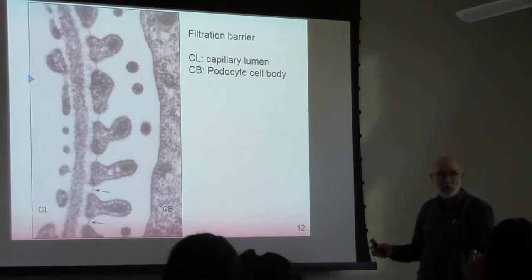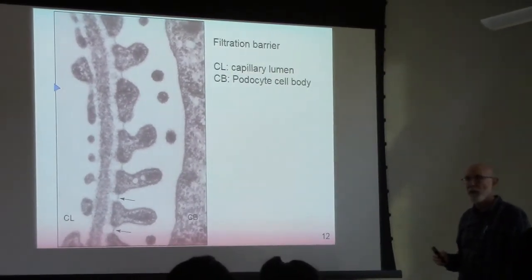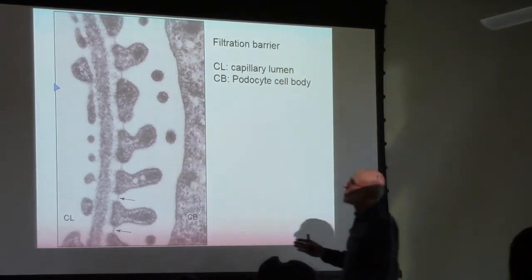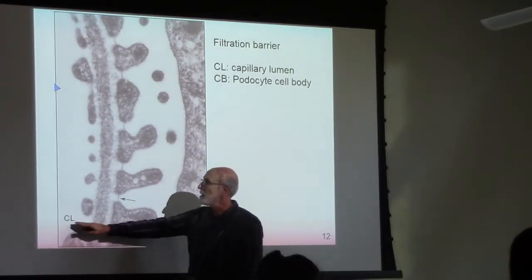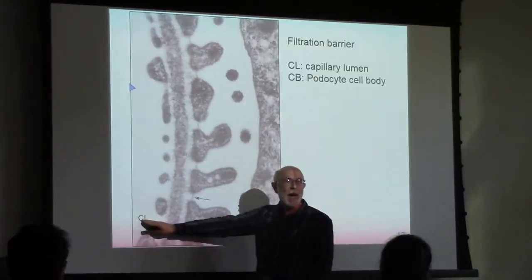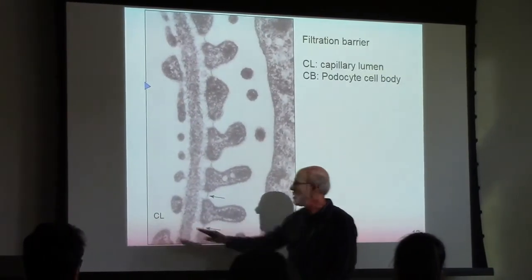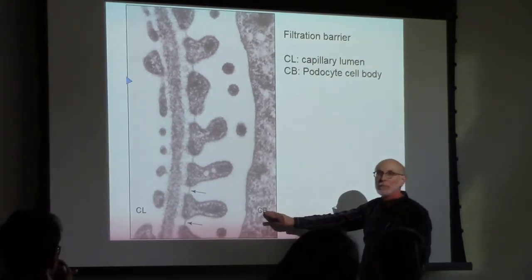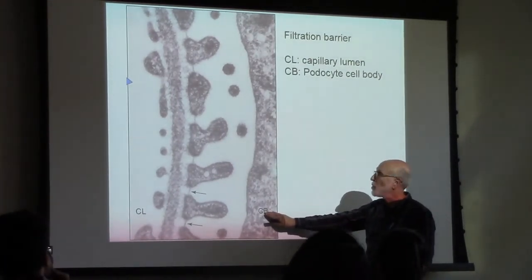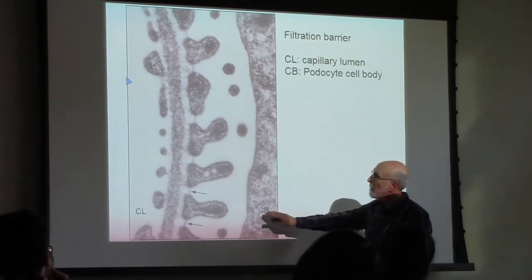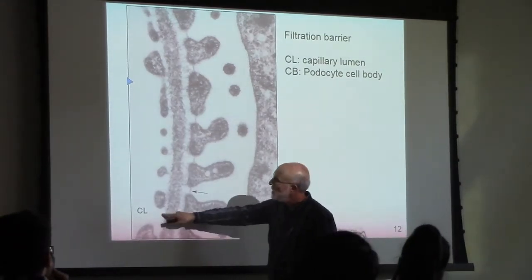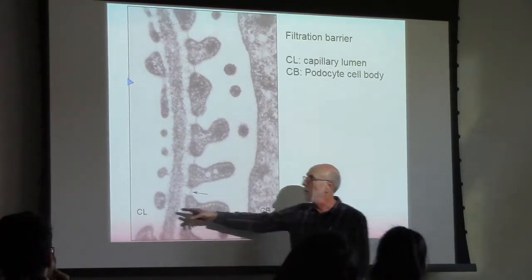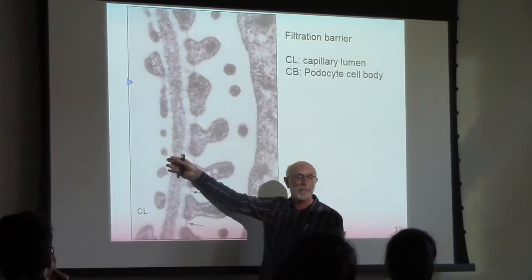In cross-section, this is a different type of electron micrograph. This is a transmission electron micrograph. So let's get oriented. CL, capillary lumen. CB, probably cell body of the podocyte. These here are the fenestrae in cross-section.